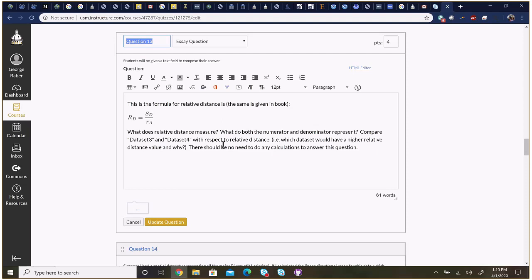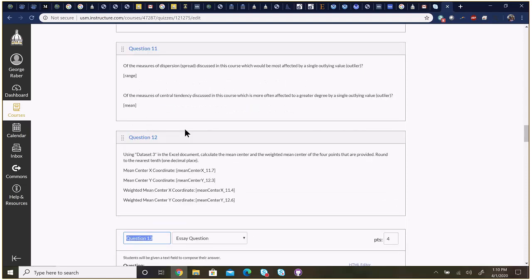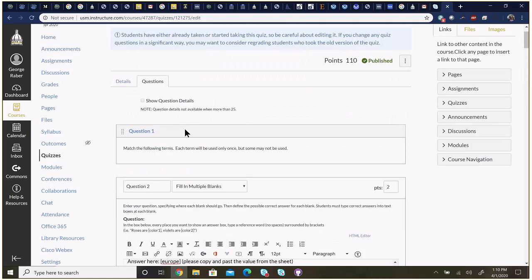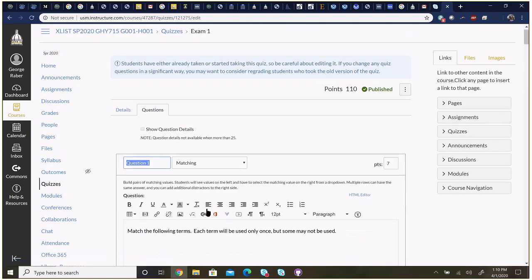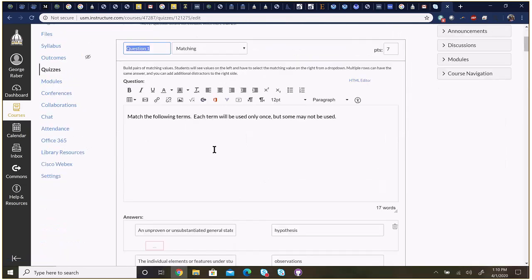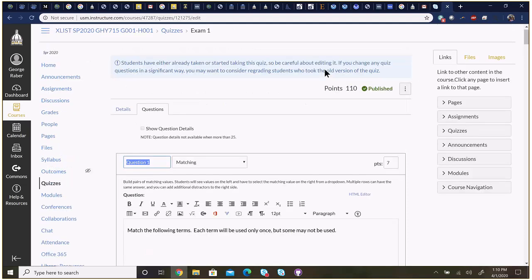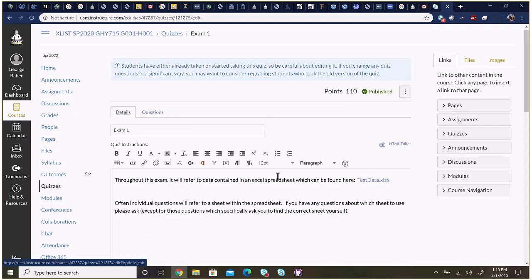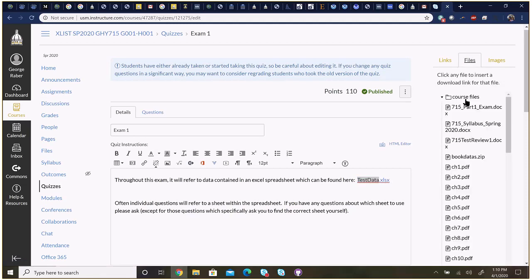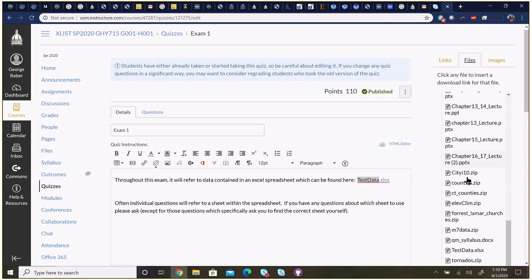If you look at data set 3 and data set 4, the points were exactly the same values, but one was multiplied by 10. Let's see if I can pull that up. No, that wasn't it. That's details. Okay. Let's just pull the data up.